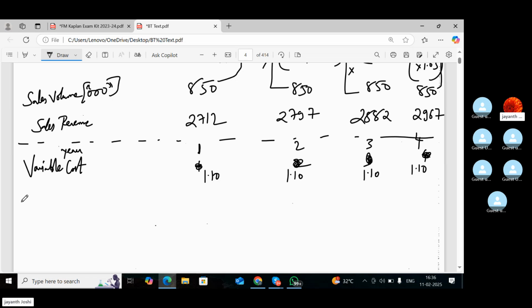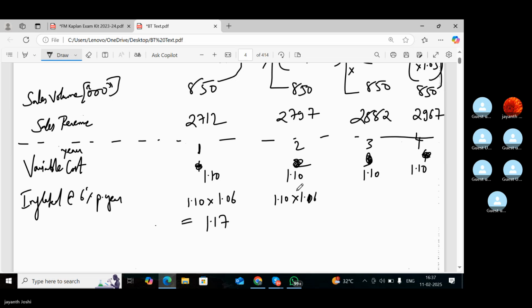And then you have to do the inflation adjustment. $1.10 into 1.06, whatever you're getting, you should be looking at it. 1.10 into 1.06, it will be 1.17. Then 1.17 into 1.10 into 1.06 whole square, 1.10 into 1.06 whole cube, into 1.06 whole power 4.